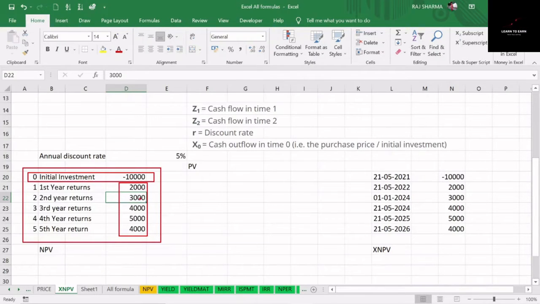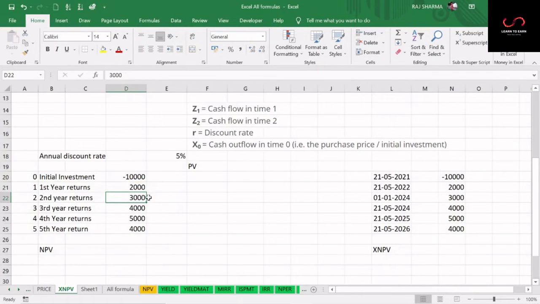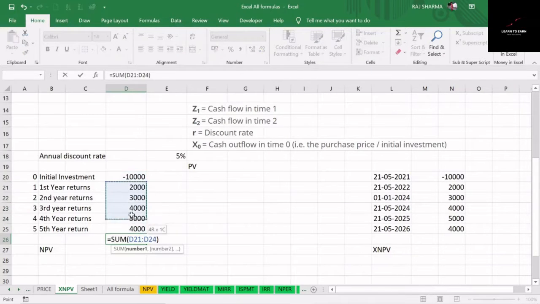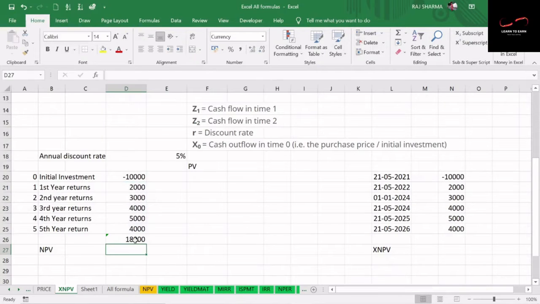Second year, 3,000. Third year, 4,000. Fourth year, 5,000, and fifth year again 4,000. If you see the summation of these returns over this period of time, in absolute terms, it is 18,000.